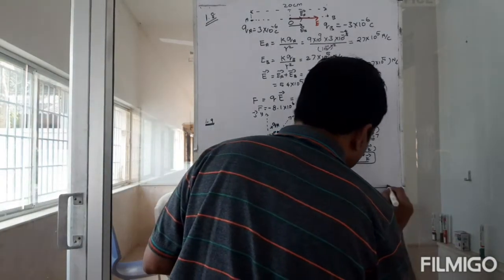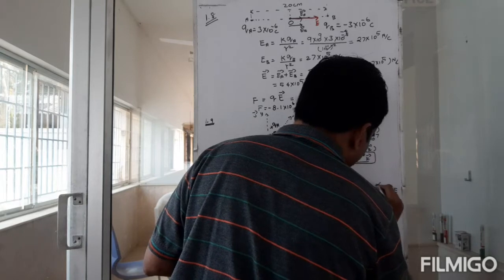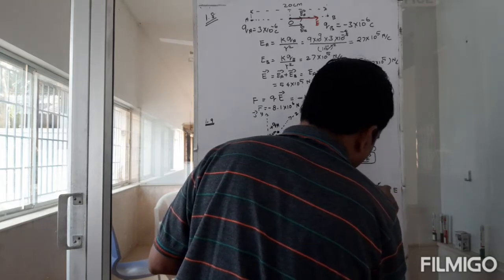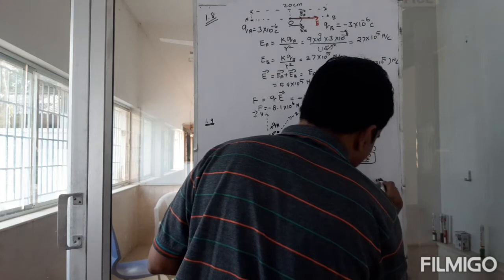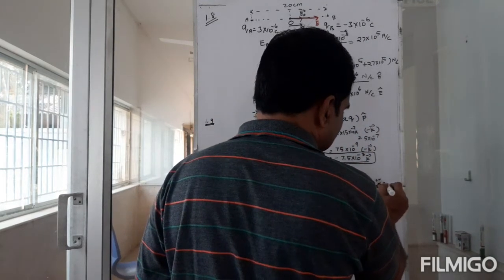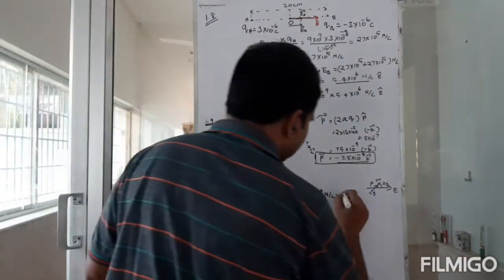If you have a field E like this, then your P is like this. The dipole is like this, with negative Q here and positive Q here. So the angle between the dipole and E is 30 degrees. So sine 30 will be half.